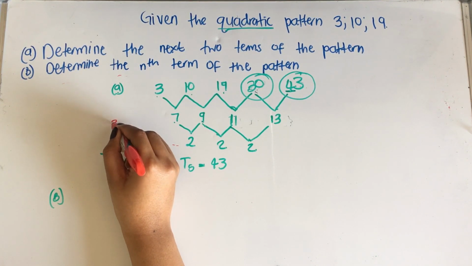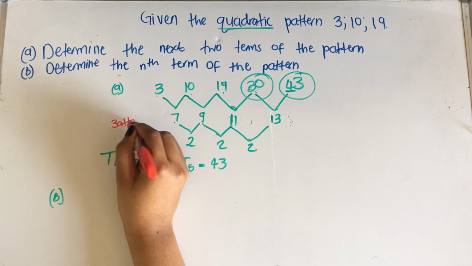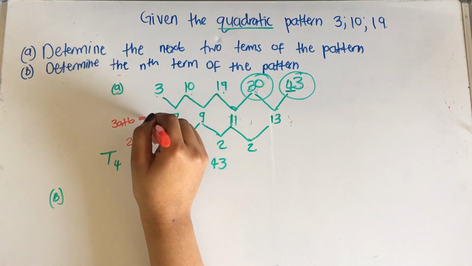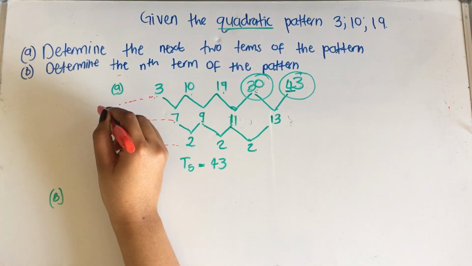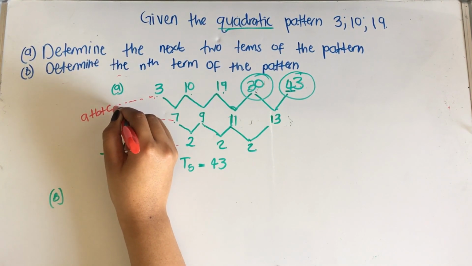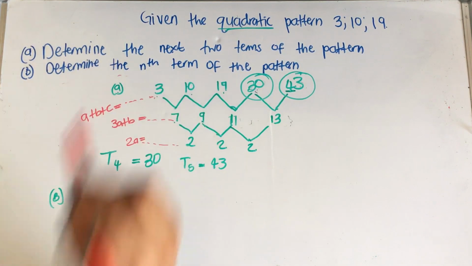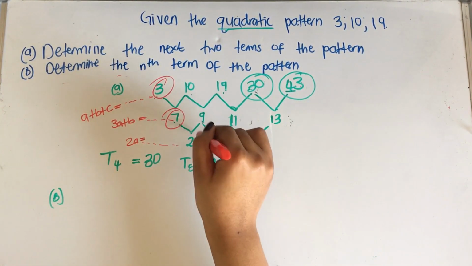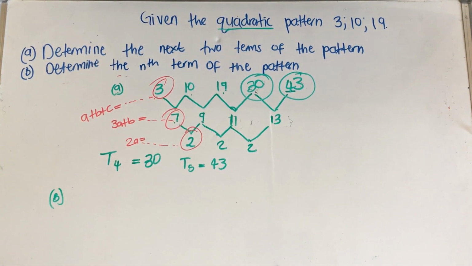And 3a plus b is equal to that. And a plus b plus c is equal to that. Just to make it easier for you.